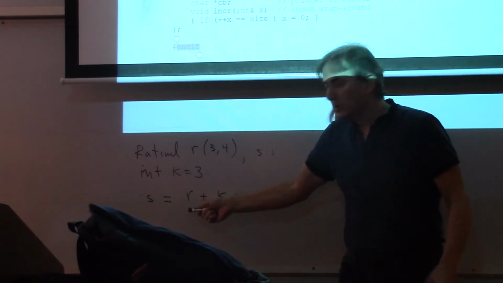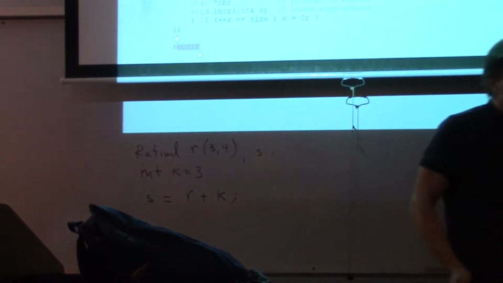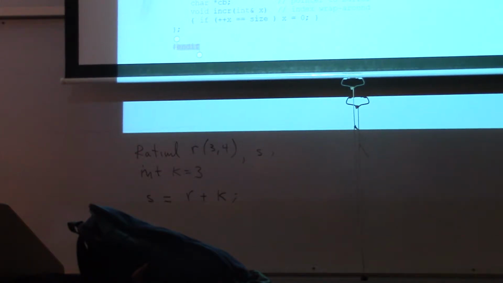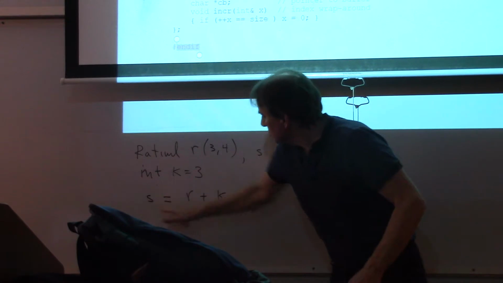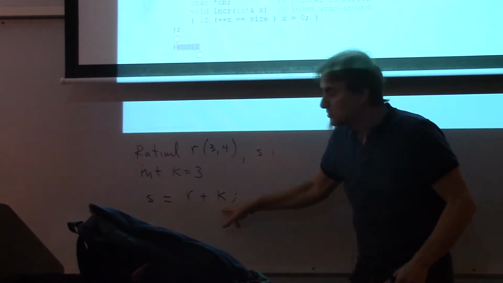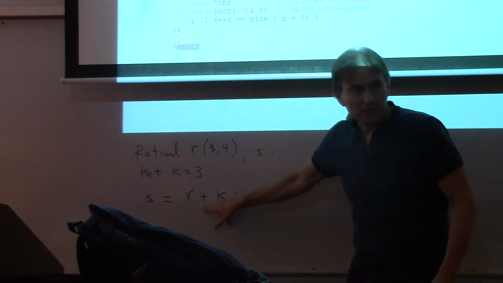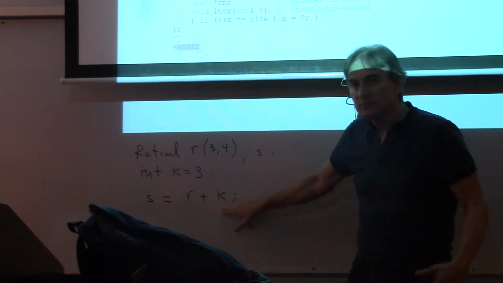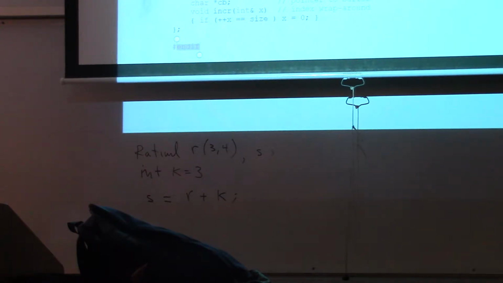In the past, we overloaded the plus operator for which parameter type? Forget about this, just look at the R plus K. So this is the host. This is the overloaded operator. What type is this? Int. So we overloaded plus to take an int. Does that make sense?